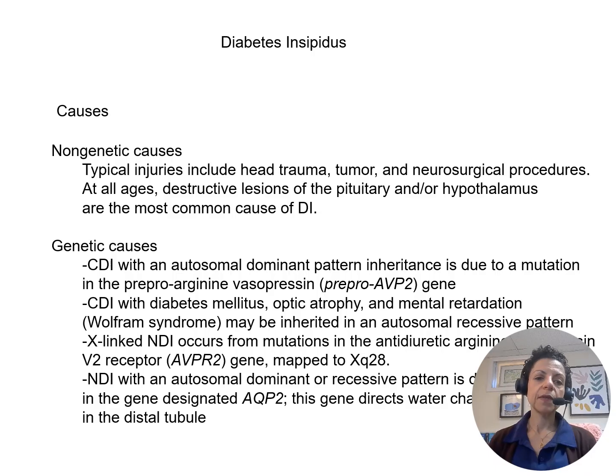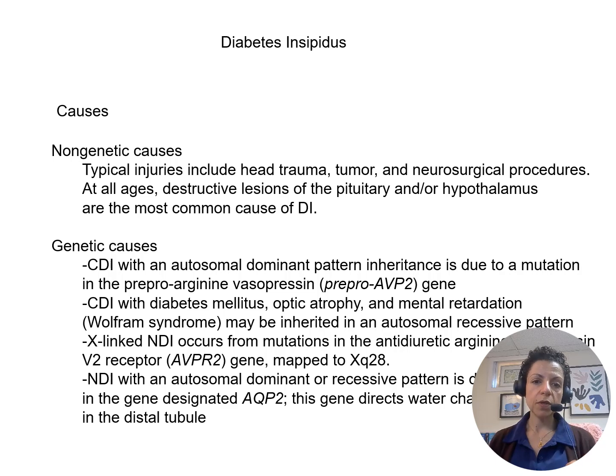So causes. We have genetic causes of DI and non-genetic causes. By far the most common form of diabetes insipidus is central DI, and the most common cause of that is going to be traumatic injury.